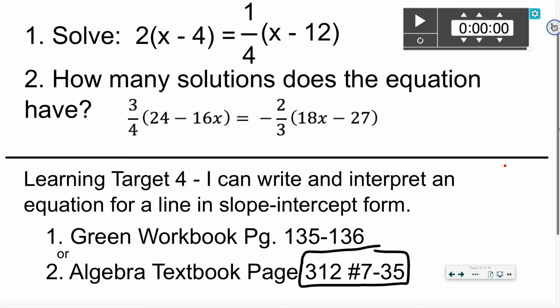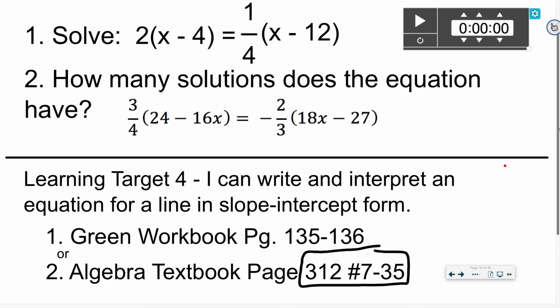While you do have the choice, I think the black textbook on page 312 is the better option because it starts with just identifying the number for the slope and y-intercept, and then creating the equation if given the number for the slope and the y-intercept. And then the third is, here's a graph, write the equation. It builds on each other really well in the textbook.